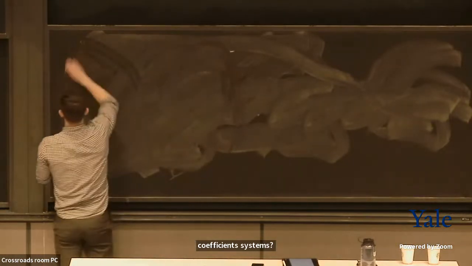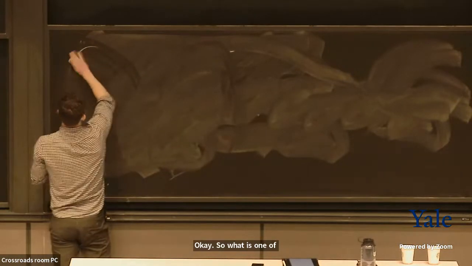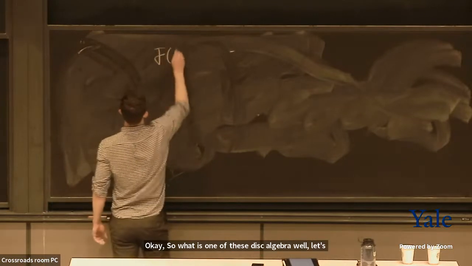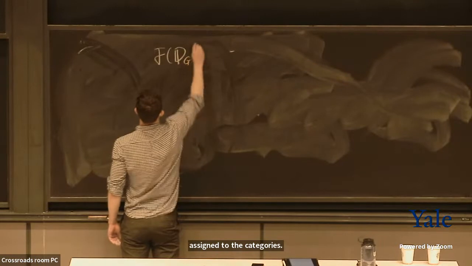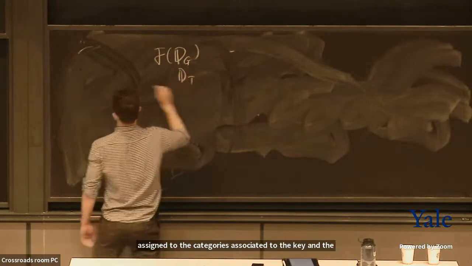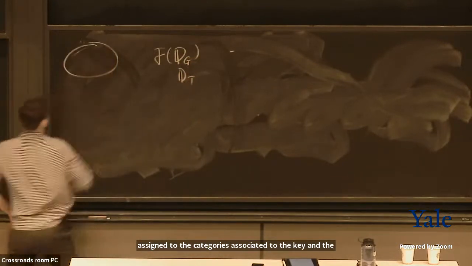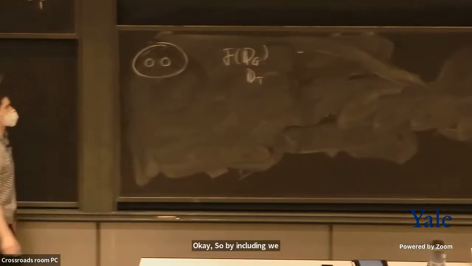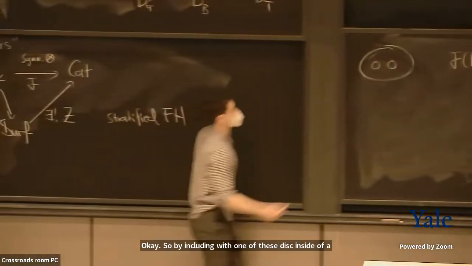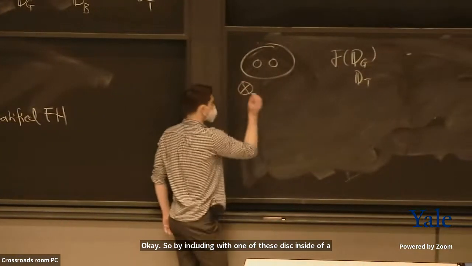So what is one of these disk algebras? Let's think about the kind of structure that should be assigned to the categories associated to the G and the T disks. By including one of these disks inside of a third one, we see that this category should have some monoidal structure.